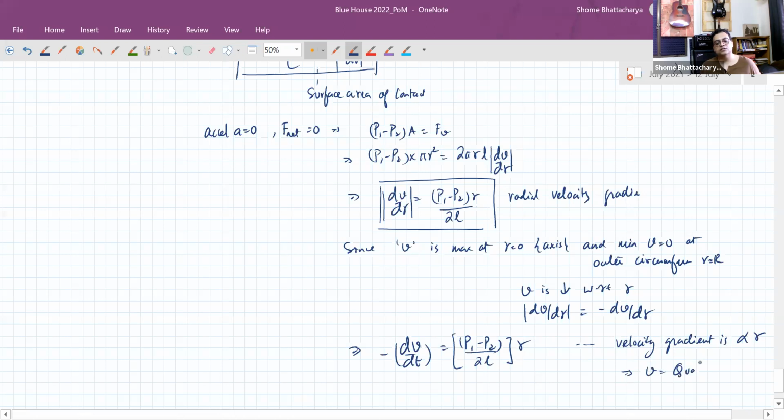It should be a quadratic function. And that's what we'll get when we integrate this.